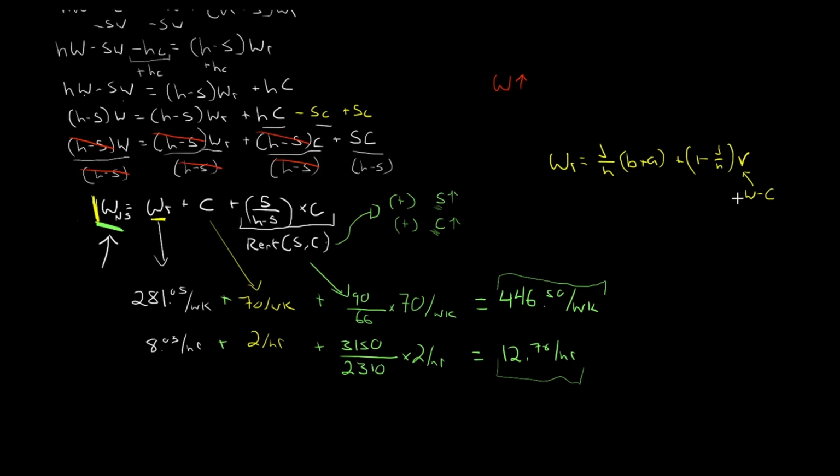Well, if that's the case, V is increasing. All else equal, that is, everything else being the same, your reservation wage is increasing. So if your reservation wage is increasing, so must be your non-shirking wage.